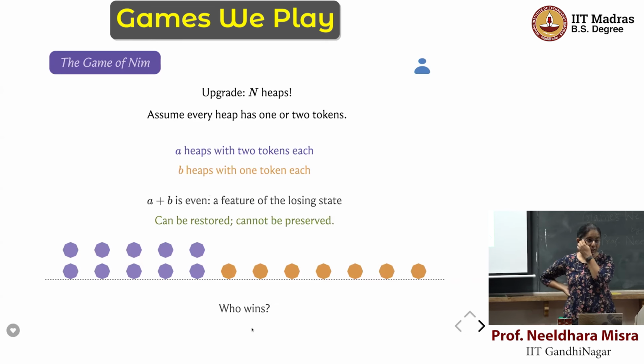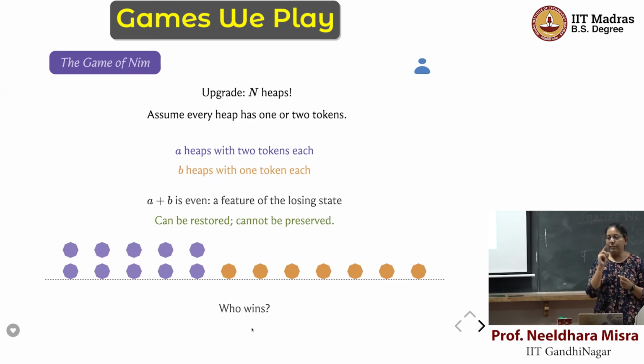Okay. So this is again this property, right? A plus B is even. If A plus B is even, then no matter what move you make, you are going to destroy this. Whether you remove one of the one heaps, one of the two heaps, or you remove one from one of the two heaps, you cannot maintain A plus B is even.